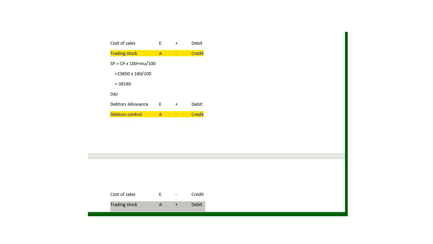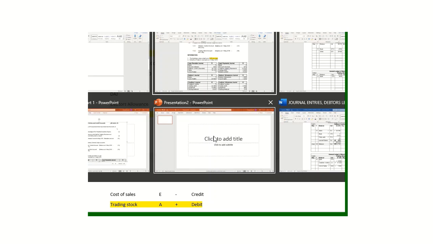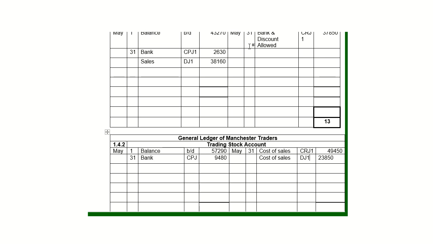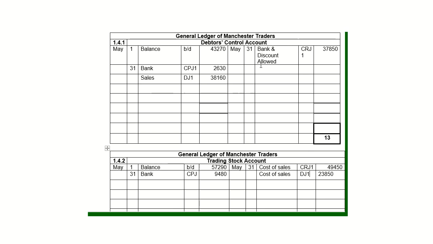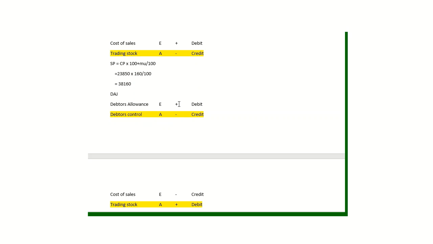Good. So we can look at the debtors control on the credit side. Go to debtors control on the credit side. Still the 31st. What was the opposite entry? What account did we debit? Debtors allowance.